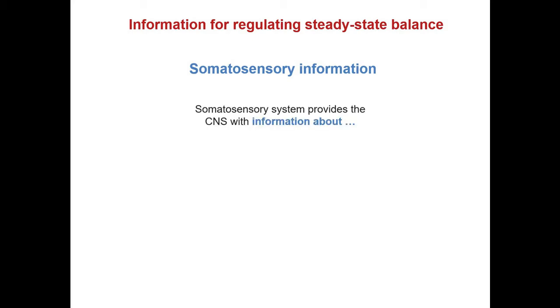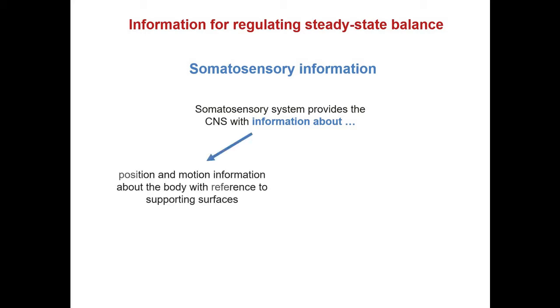The somatosensory system provides the central nervous system with information about the position and motion of the body with reference to supporting surfaces, and information about the relationship of various segments of the body relative to each other. These two relationships can be characterized with specific technical terms.